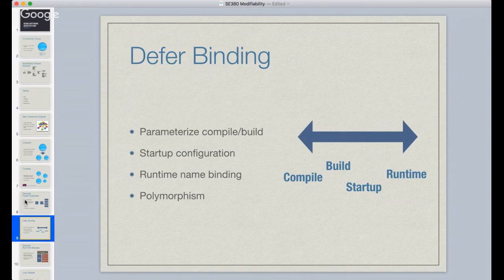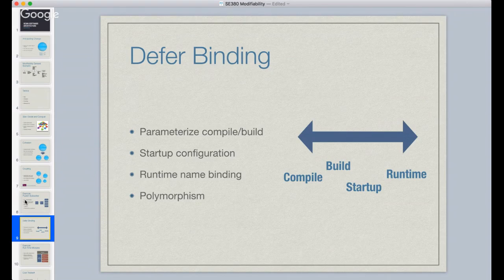Now I can parameterize some of the compile. For example, I can compile in test code and then take it back out for deployment. Or I can parameterize it at build time. I can swap in a different library. For example, you may have a different library built in at runtime that's optimized for production, but you use a different set of emulators while you're actually developing the system, so I can parameterize it at build.